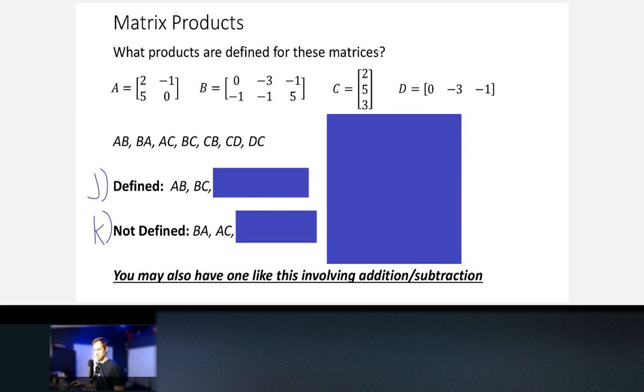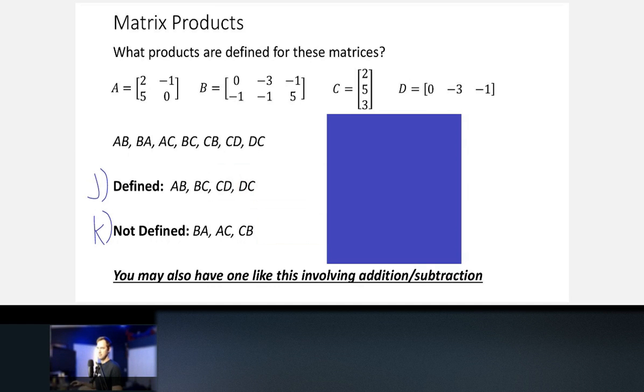K. C times D. J. And then D times C. J again. All right, good. All right, who got all these correct?